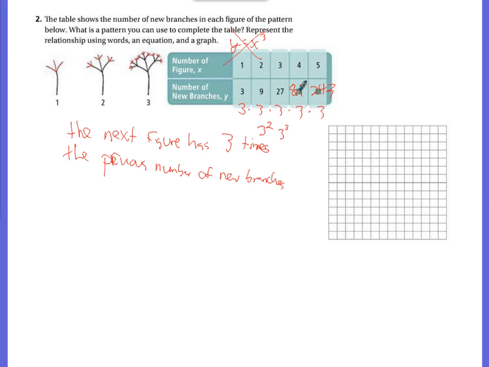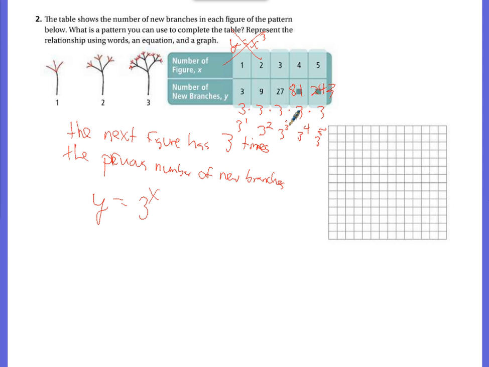If I want 81, well, I had to get there by going 3 times 3 times 3 times 3, which is 3 to the 4th power. And then this one would be 3 to the 5th power. This one over here would be 3 to the 1st power. It's just 3. So what's the equation going to be? Y equals 3 to the x. Good.